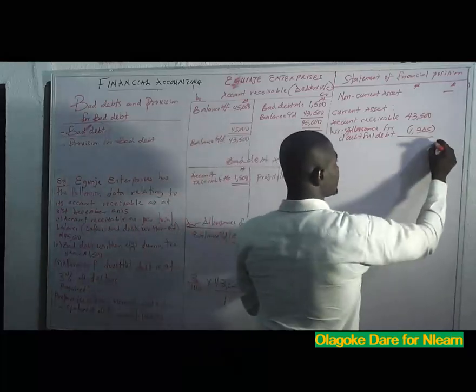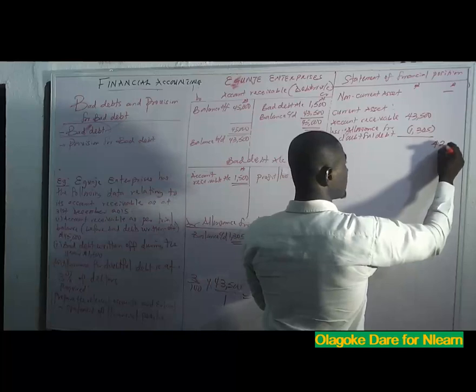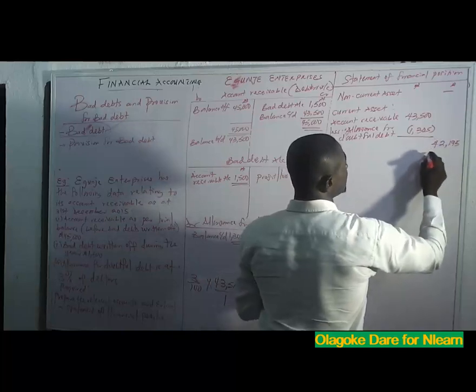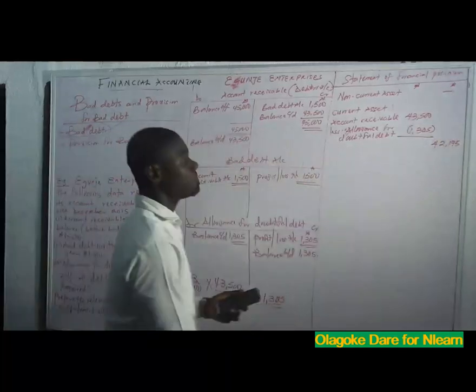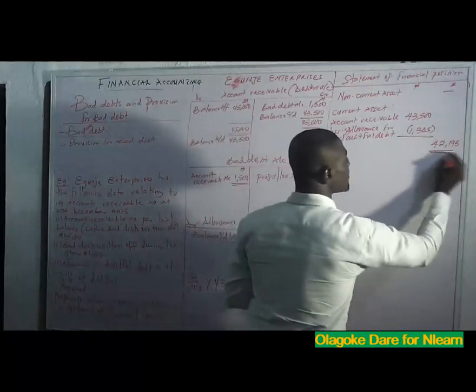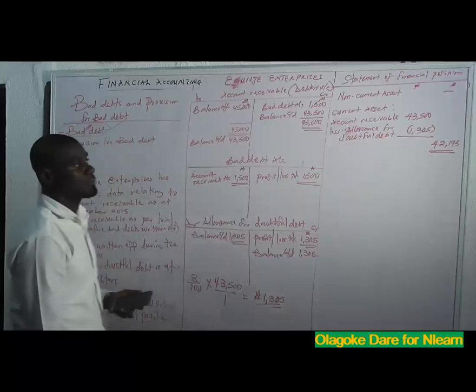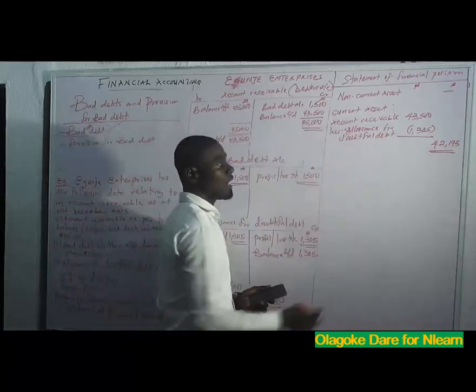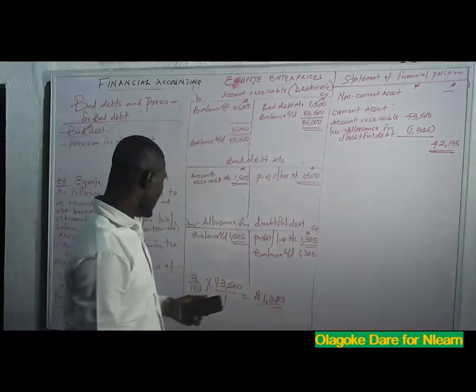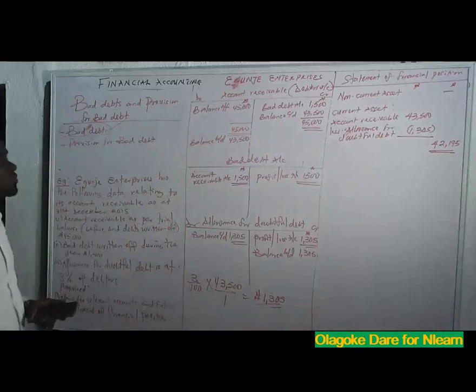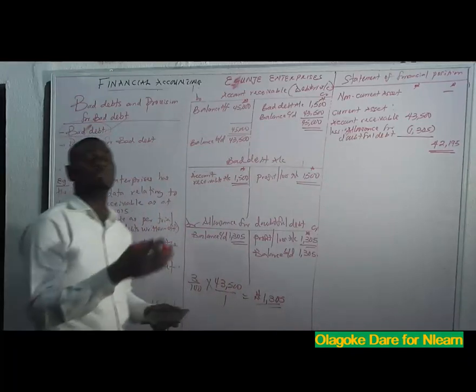So I have 42,195. So this is what will be my accounts receivable balance in my statement of financial position. Now, what if we are told to show it in our income statement?